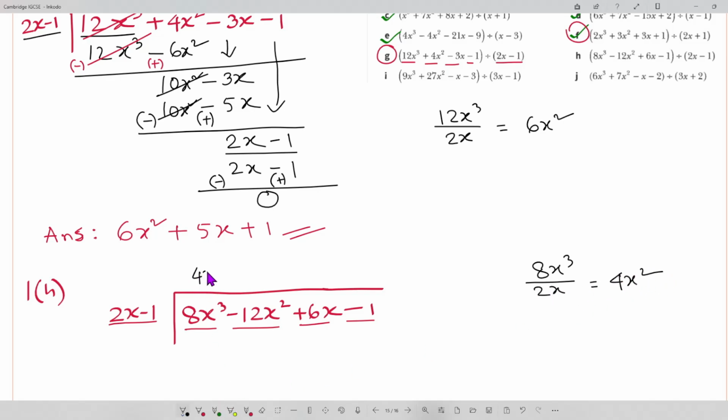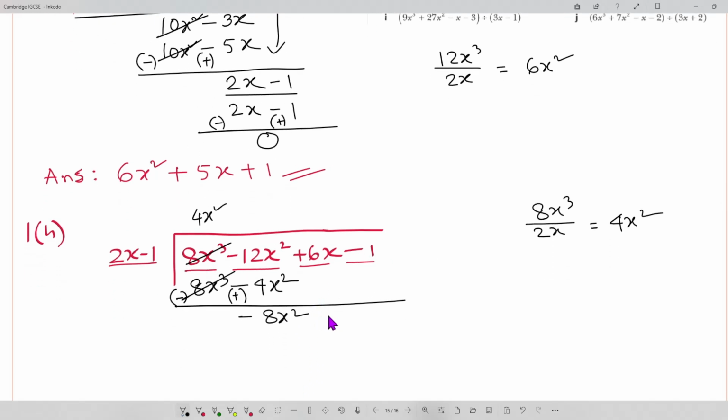So 4x square, and here is 8x cube. Then 4x square times minus 1 gives minus 4x square. So here is minus, here is plus. So 8x cube minus 8x cube is out. So here is minus 8x square.